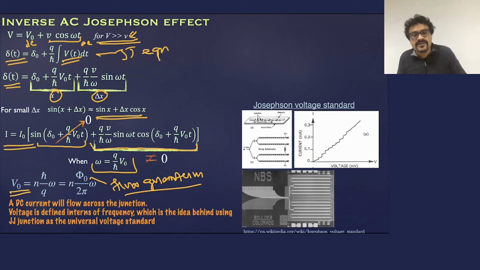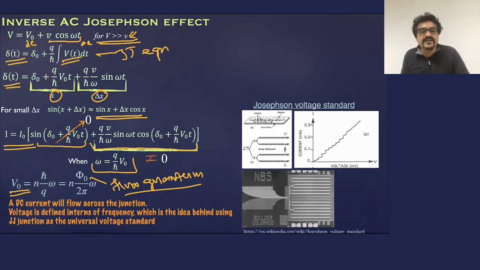Or if you keep the frequency constant and vary the voltage, whenever this situation is satisfied, you will get a spike in the current.